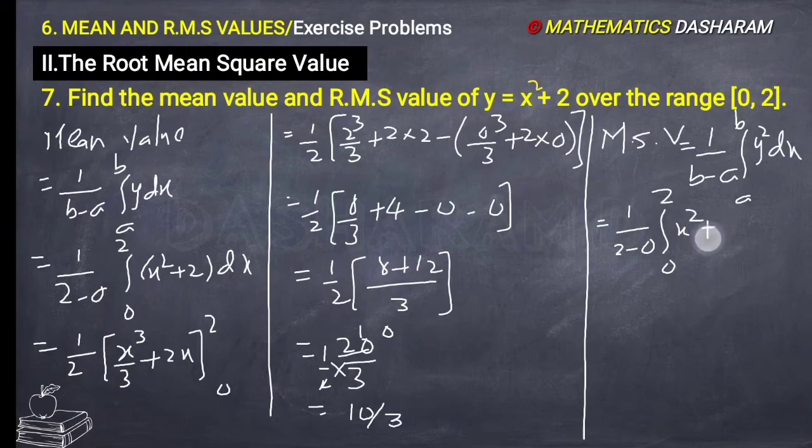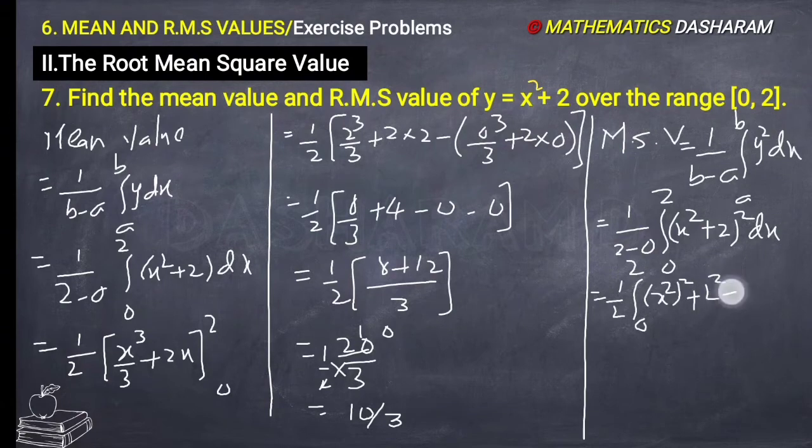Y value is x square plus 2, so x square plus 2 whole square dx. So it is equal to 1 by 2 integration 0 to 2, here by the (a plus b) whole square formula, x square whole square plus 2 square plus 2 into x square into 2.